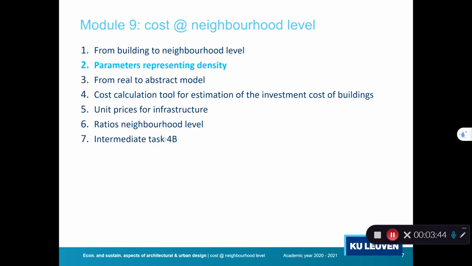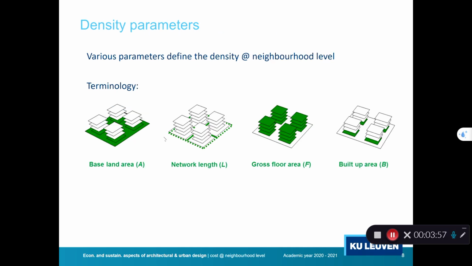Now, first of all, before we go into the cost estimations, let's have a look at different parameters that exist to define the density of a neighborhood. In literature, different parameters can be found. So before we look at density parameters, we first need to define some terms that are important and that are used in these different parameters.